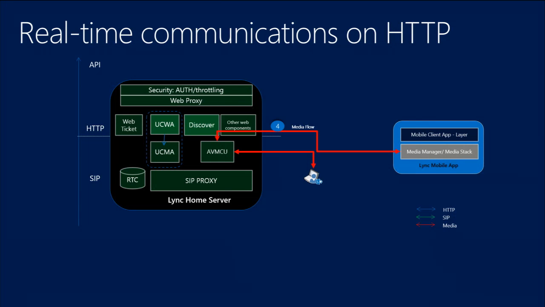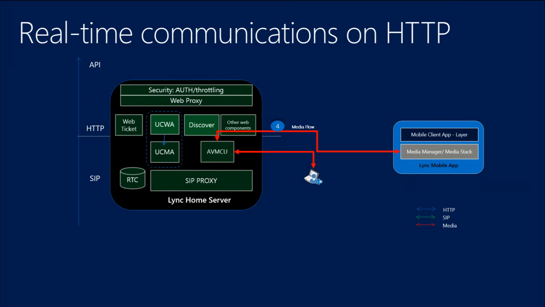And then the media flow. In this scenario, thinking about it from an internal user perspective, that user maybe is on Wi-Fi. So we've connected to the web API via external web services, but the client's talking directly to the AV MCU on your front end in a conference scenario. It uses the ICE protocol just like any other device does, so we are able to negotiate the appropriate SDP.